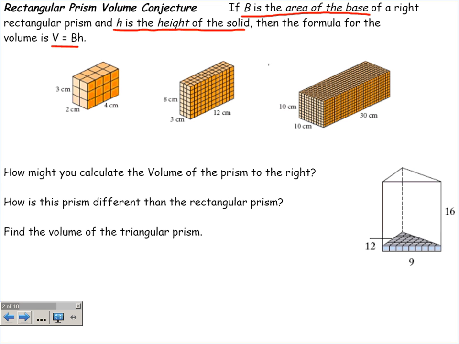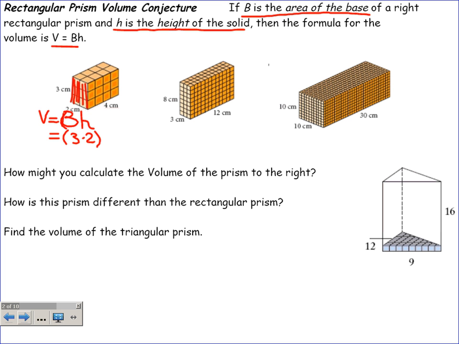What do we want to say? Katie, what do you want to do? The front. So Katie's saying the front. So for us, what is the area of the base? How do we figure that out? Base times height. Base times height would be 3 times 2.